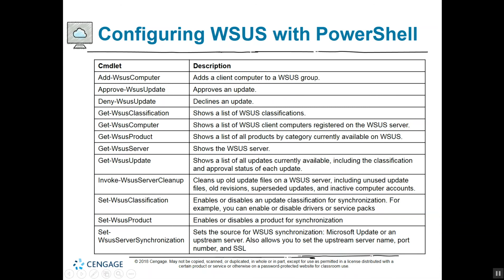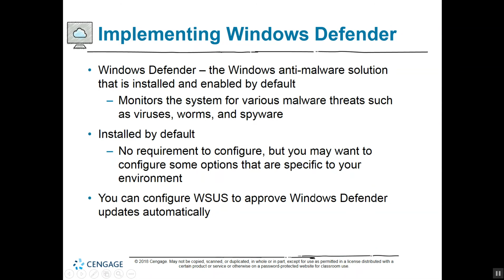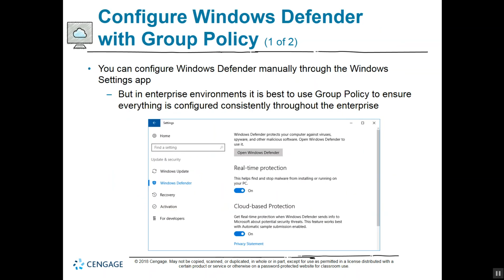Windows Defender is the Windows anti-malware solution that is installed and enabled by default. Win10, Server 2016. It's a great resource for what it is. Okay. You can configure WSUS to approve Windows Defender updates automatically, given where they're coming from and what they are updating.